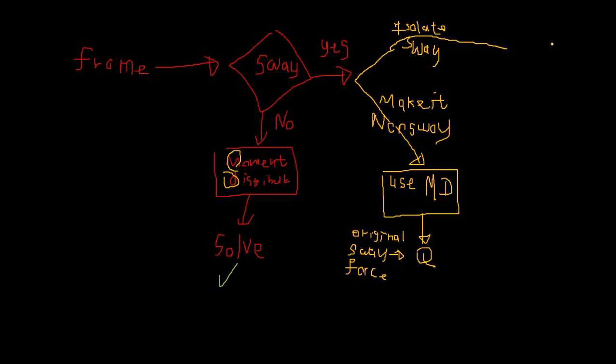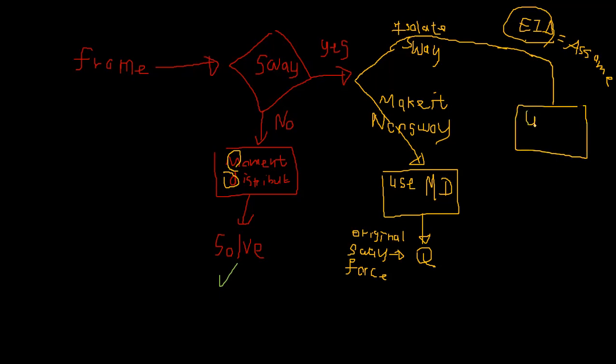And for the EI delta or something, the part you don't know, assume something. Assume something and then use the moment distribution method.